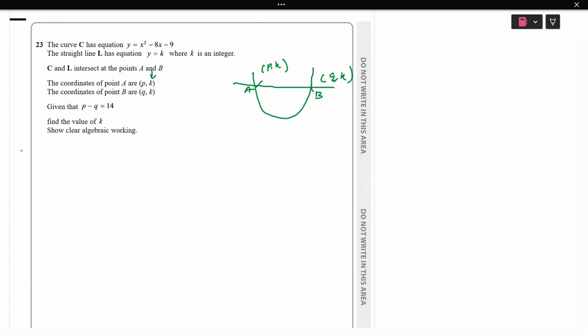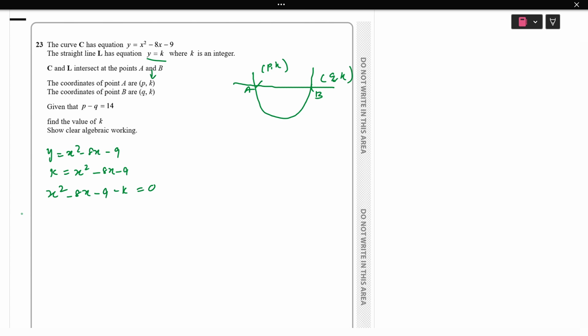First the given equation is y equals x^2 minus 8x minus 9. The next is given y equals k, so I'll substitute: k equals x^2 minus 8x minus 9. Now I'll bring everything to one side: x^2 minus 8x minus 9 minus k equals 0.